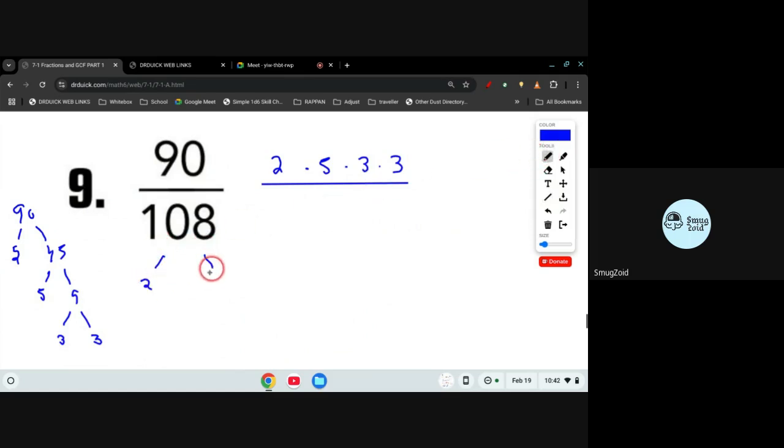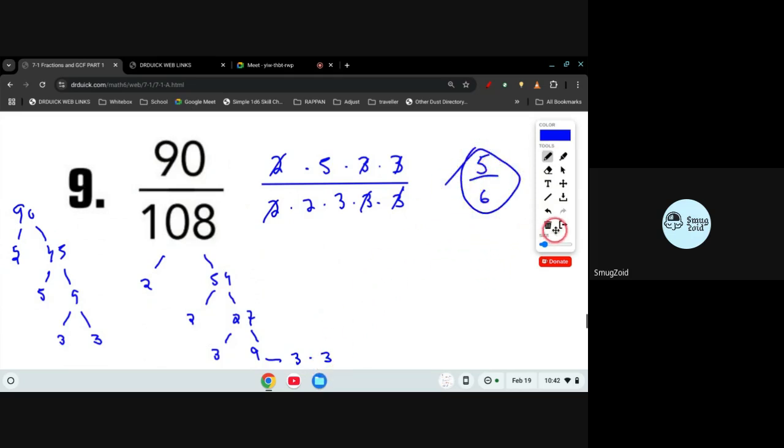I go 2, and this would be 54. And then I can cut this again. 2 times 27. Then it'd be 3 times 9. Then I got 3 times 3. Sorry, my page is not long enough. So I write down 2 times 2 times 3 times 3 times 3. These 3's are going to cross out. This 2 is going to cross out. So it's going to be 5/6.